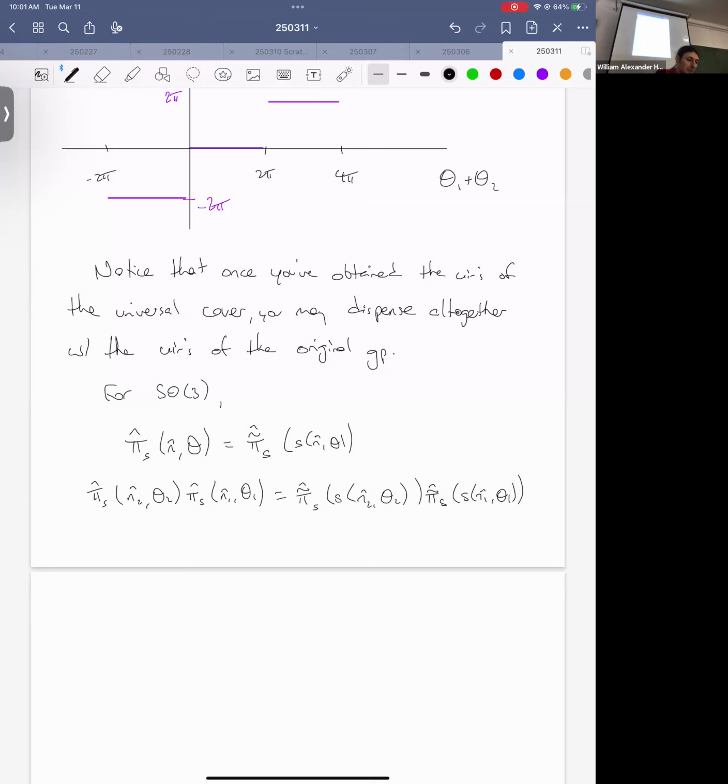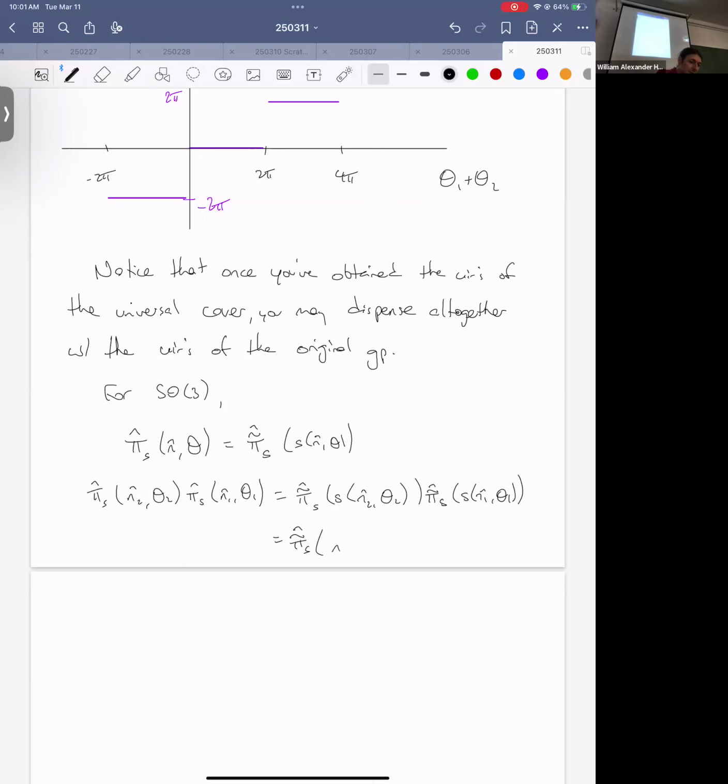Like so. Because the representation in the universal cover is ordinary, this is just, let me think about this carefully. This is complicated.